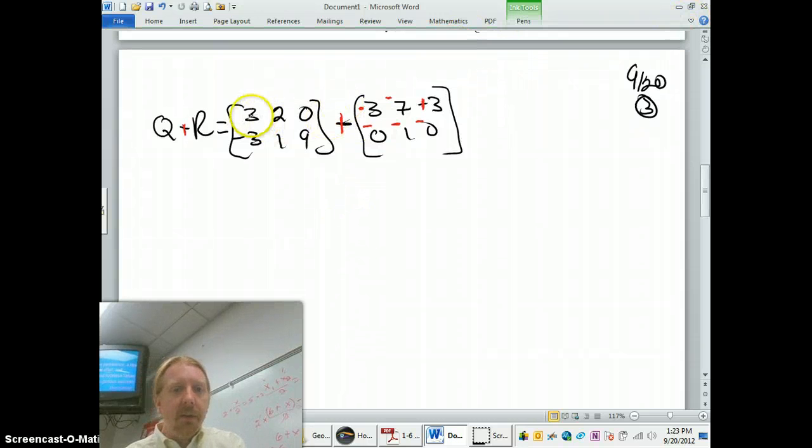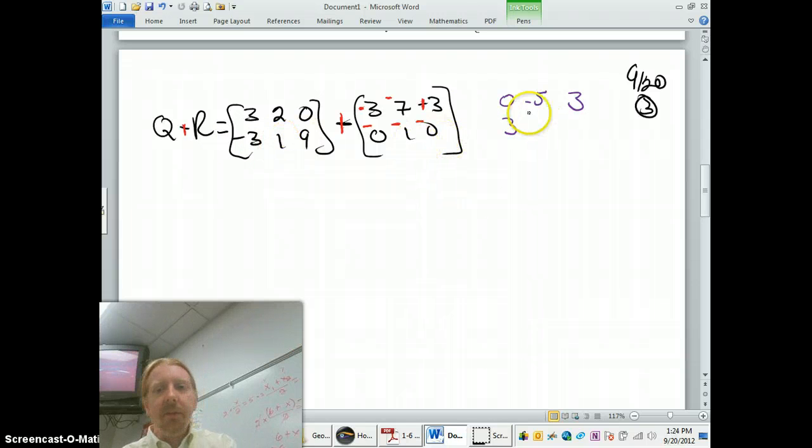So now I can go ahead and I can just say, all right, 3 plus a negative 3 is 0. 2 plus a negative 7 puts me at negative 5. 0 plus 3. Negative 3 plus 0. 1 plus negative 1. And 0 plus 9.